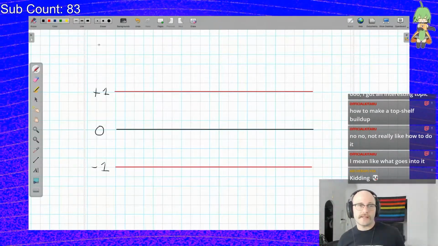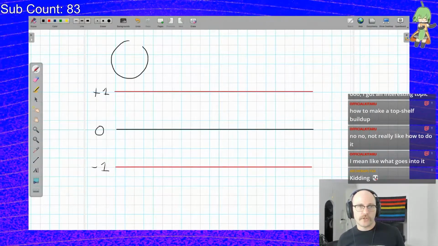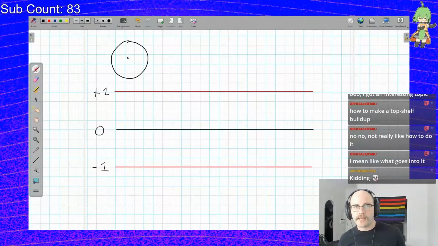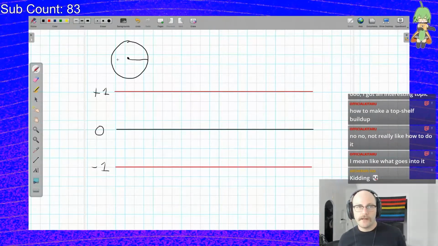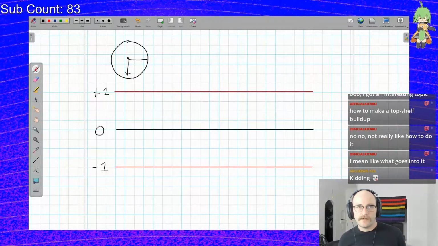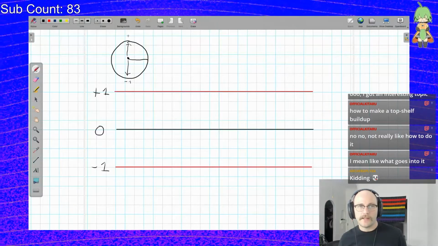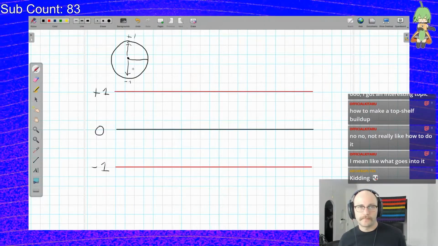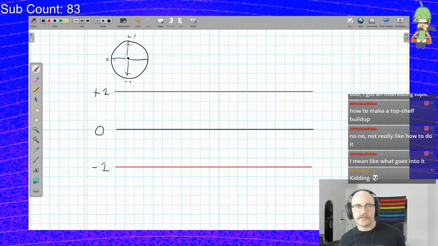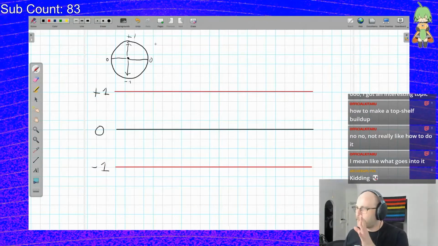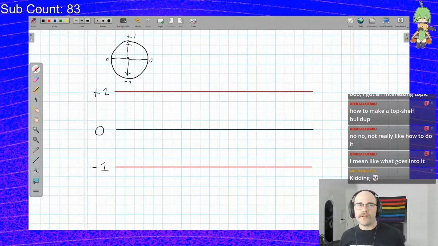You could look at it as, like, if we took this 0 line and I draw like a circle, 0 is right here, basically. This is 0. And then here is negative 1, and here is positive 1. As we rotate through the circle, this is also 0. These 2 points are 0 and 0.